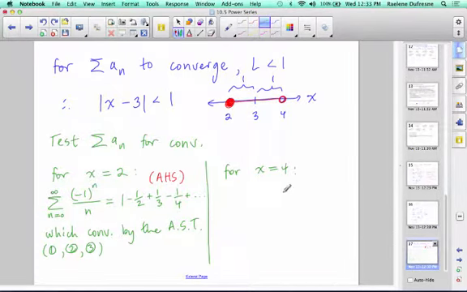Then if we repeat the process testing for x equal to 4, we get the sum from n equals 0 to infinity of x minus 3, which is 4 minus 3, which is 1 to the n, divided by n, which of course is simply the sum from n equals 0 to infinity of 1 over n, which is the harmonic series, which diverges.